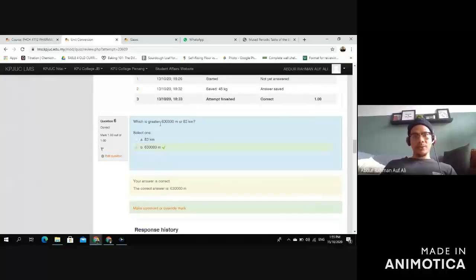Question number 6, which is greater? The same template, the same type of question, you need to convert one of them so that both of them will have the same unit. If you convert meters to kilometers, you divide by 1000 because 1 kilometer equals 1000 meters.